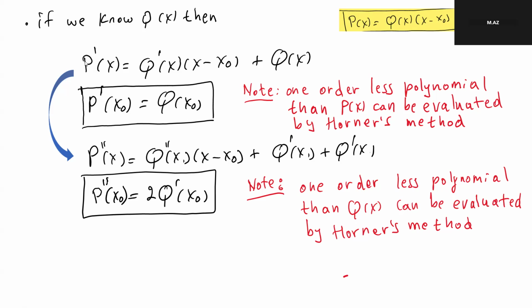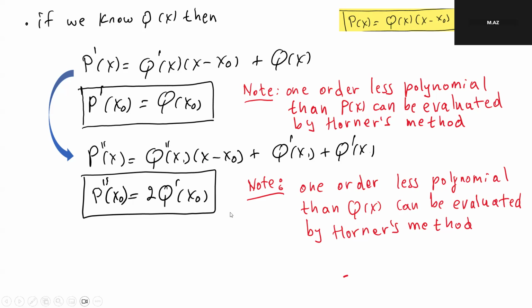If we take a derivative of this equation and find the second derivative of the polynomial function, we have these equations. If we evaluate the second derivative of the function at the point x0, the answer is equal to q prime x0.